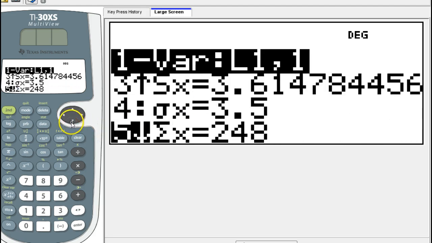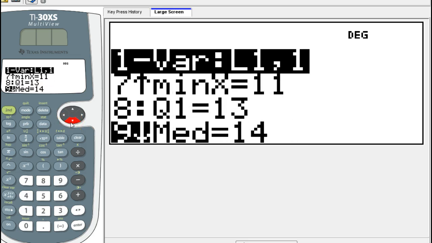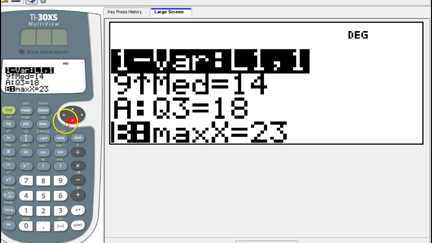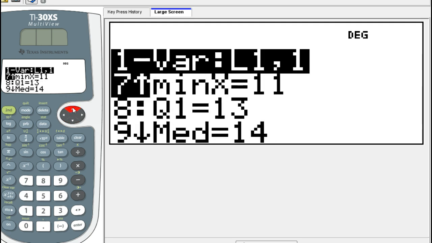So skipping down, they give you the 5 key values all in a row: the minimum, the first quartile, the median, the third quartile, and the maximum. They give you all 5 values that you need for your box and whisker plot right in a row. So that's going to be super helpful.